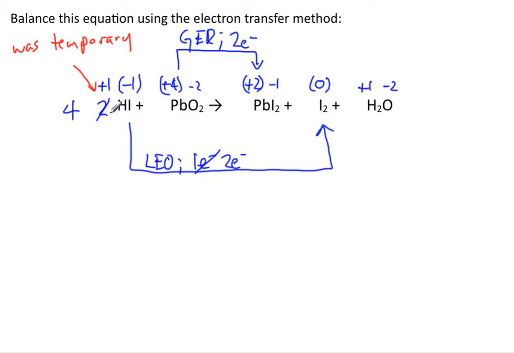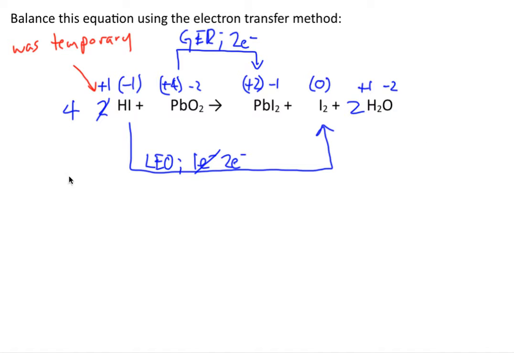So there I've balanced the iodine, 4 times I2, 4 times I. Let's check lead first, 2 lead, they're balanced. Hydrogen, 4 times H, 2 times H, you have to make that 2, that's 4 hydrogens. And I have nothing left to balance without changing everything, so oxygen should be balanced. O2, 2 times O, balanced.